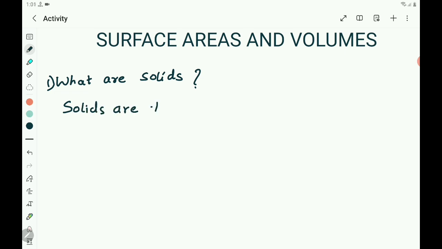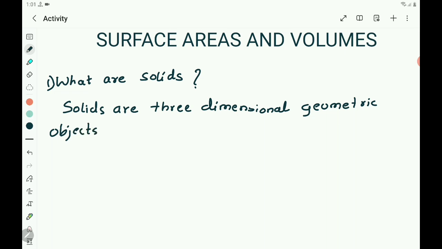Solids are three-dimensional geometric objects having length, breadth and height.